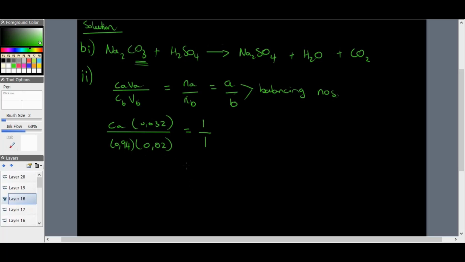So 0.94 multiplied by 0.02, we get a value of 0.0188. So we end up with 0.032 Ca divided by the answer we get at the bottom, 0.0188, which is equal to 1 over 1, which is 1.